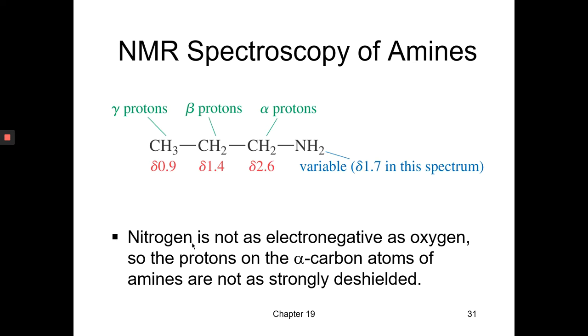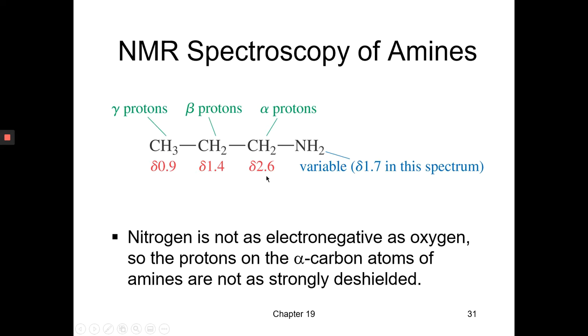Okay, in the proton NMR of amines, the alpha carbon is affected by the nearby nitrogen, and so we see a downfield shift, not as much as with an oxygen or a halogen, which is usually down to about 3 or 4.